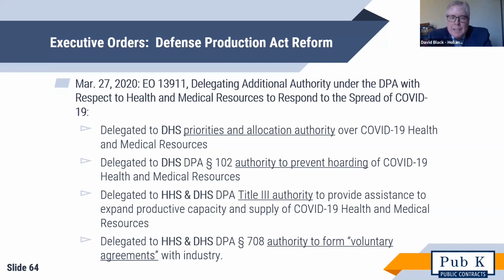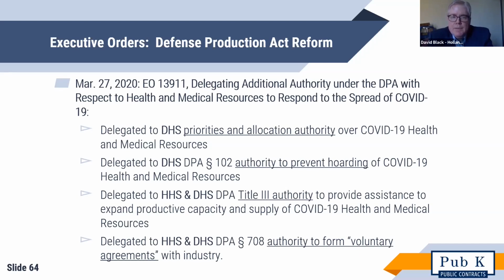So the president thought that was good policy, and with Executive Order 13911, which was delegating additional authority under the DPA with respect to health and medical resources to respond to the spread of COVID-19, delegated several authorities to DHS. FEMA was really the primary intended recipient, but DHS as the agency.